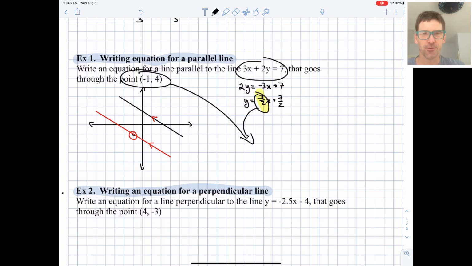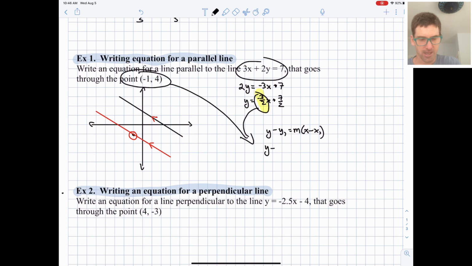Now, it didn't say what form we want our line to be in, so I'm going to go the most efficient route and just put it in point-slope form. If it doesn't specify, I think you get to choose. I think that's fair. But if it does specify, you really want to make sure that you follow what your teacher's asking. So let's do it. Reminder of point-slope form: y minus y1 equals m times x minus x1. Being careful with those negatives, right?